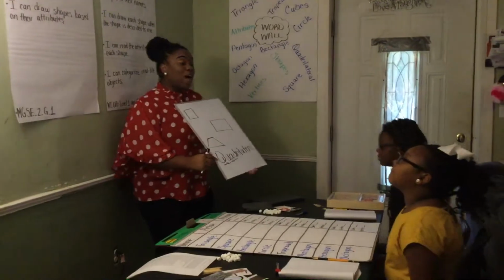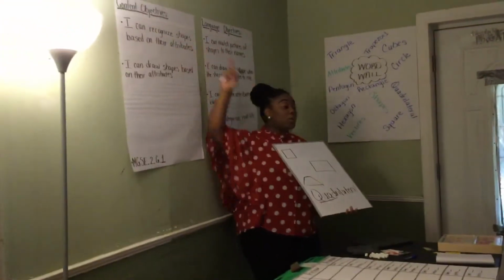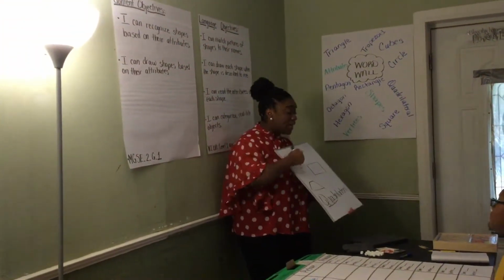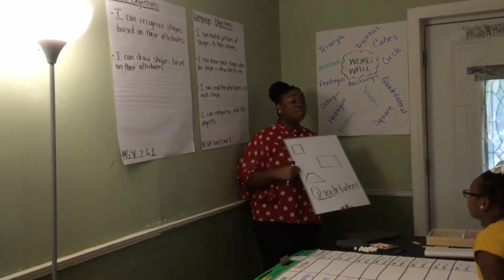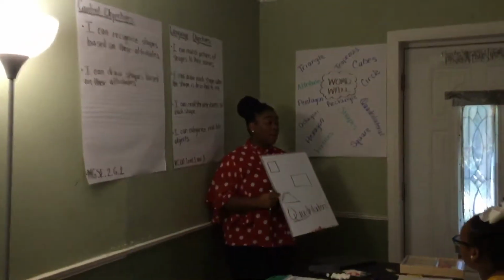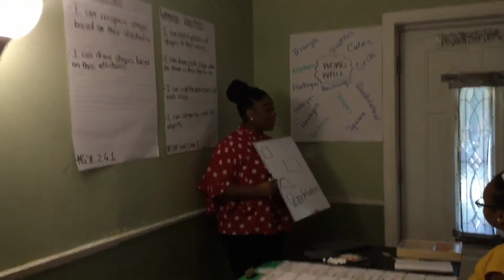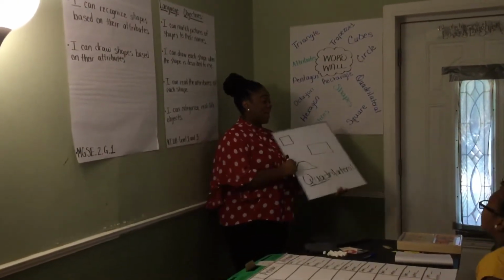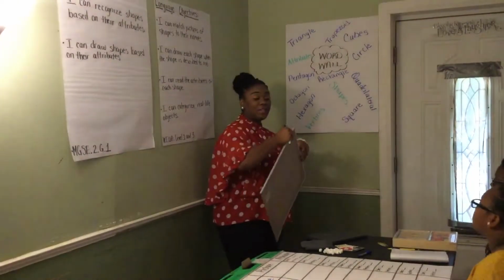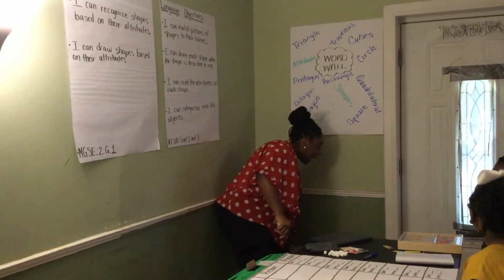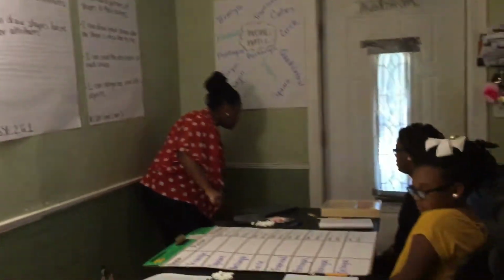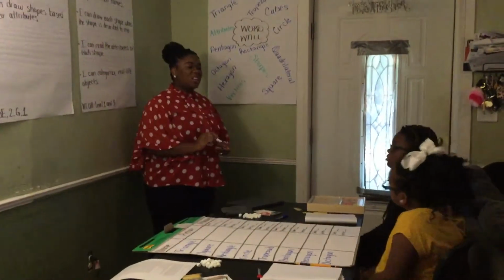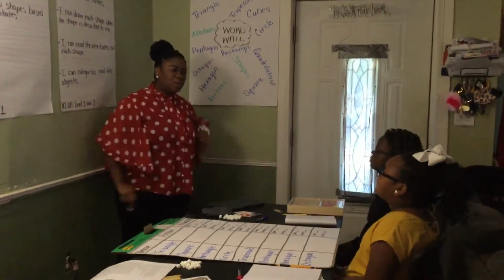So now you guys can recognize your shapes, and we can recognize them by knowing the names of each shape. Do we remember the names of each shape? Yes. Okay. So the first activity that we're going to do is I'm going to call out some attributes. Does anyone know what that word attributes means?